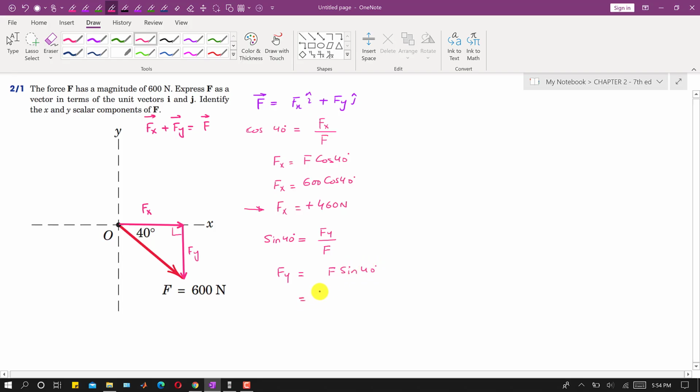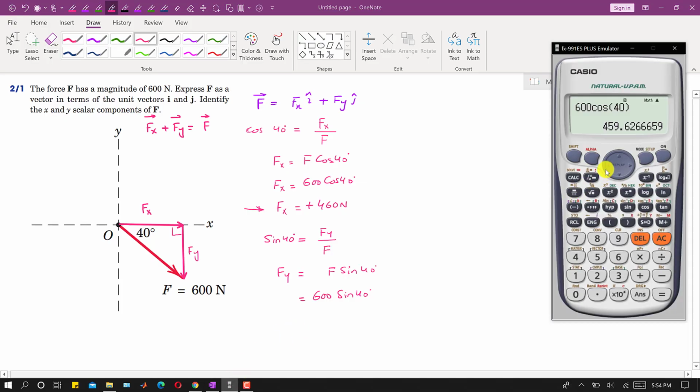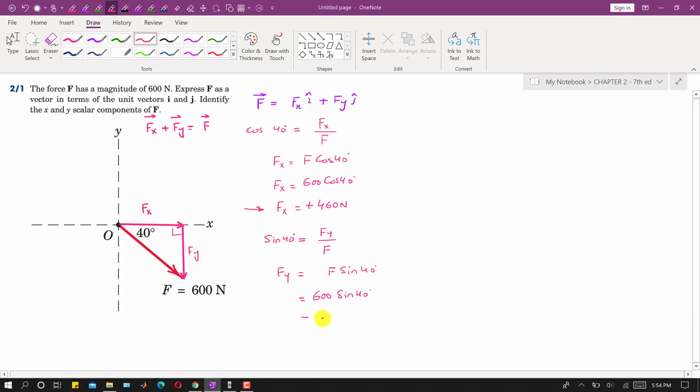Again, F magnitude is known, so this is 600 sine of 40, which is 385.67, approximately 386 newtons. And as we can see, this Fy is acting in the negative y direction, this is our positive y direction, so we need to write this as minus. It is acting in the downward direction.